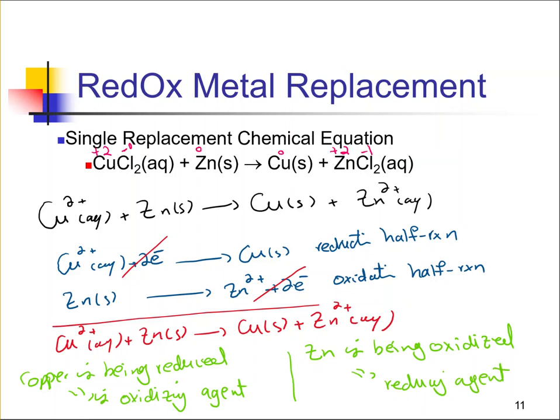So for each chemical equation, you want to be able to assign the oxidation numbers and tell if the reaction is oxidation reduction or not. And you want to be able to assign which element is being oxidized, which is being reduced, and tell what atom is the oxidizing agent or the reducing agent.